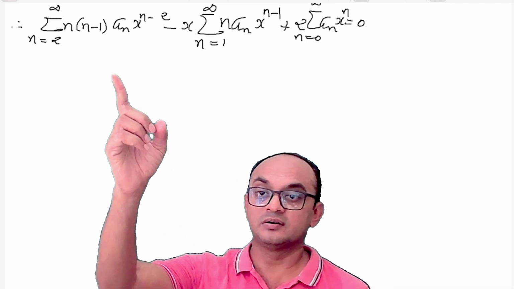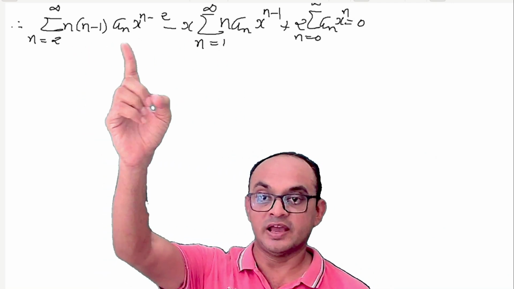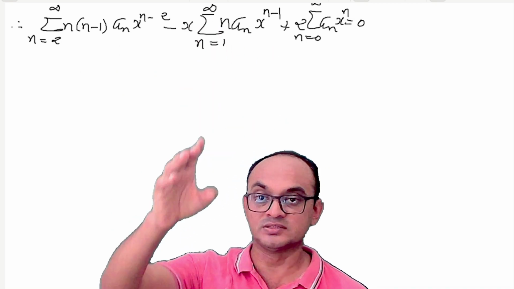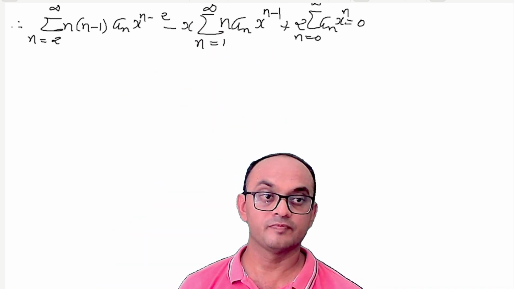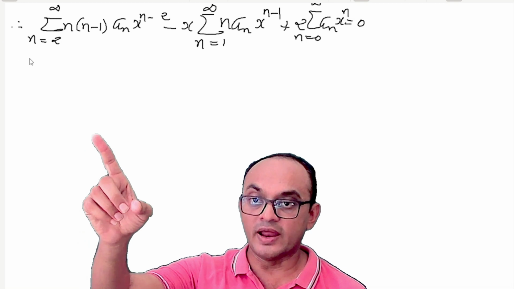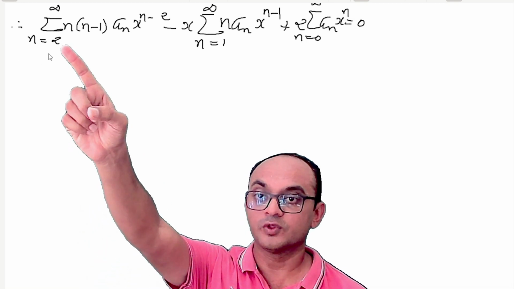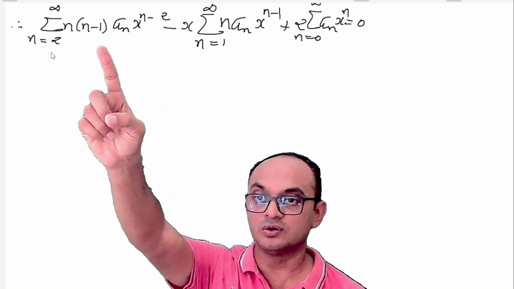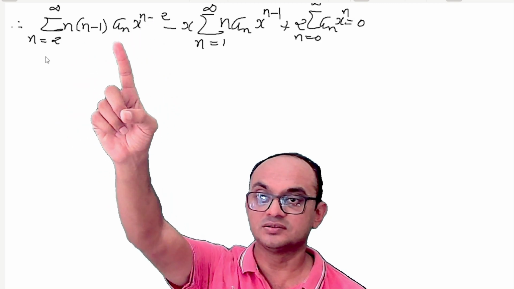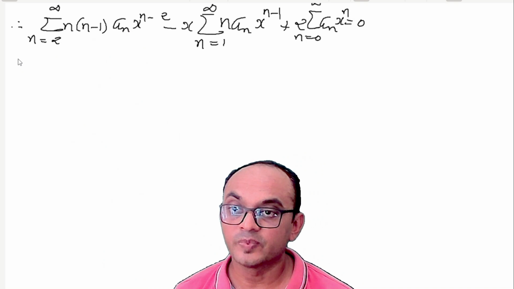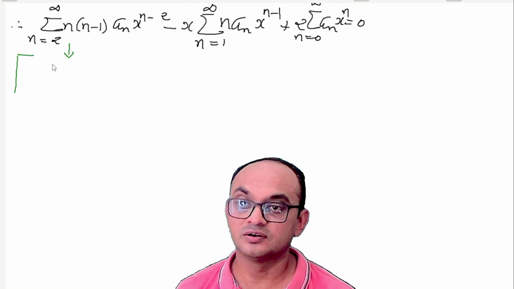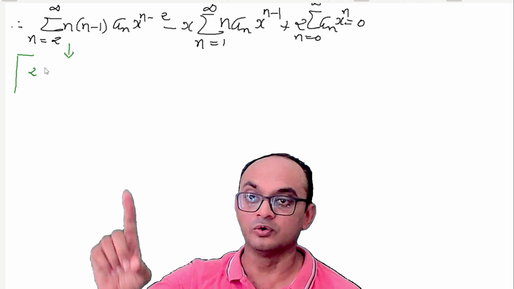So now actually our main relation is this, n is equal to 2 to infinity. Now let me explain this. What is this? So when n is equal to 2, what happened? N equal to 2 means x raised to 2 minus 2. So see, the first term is this, n equal to 2, right?